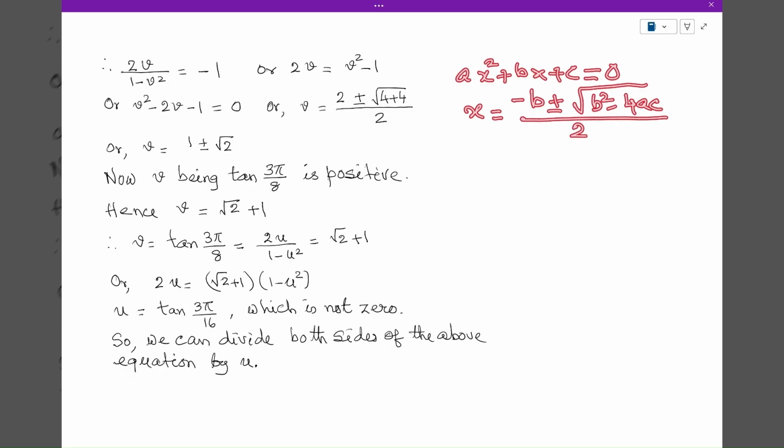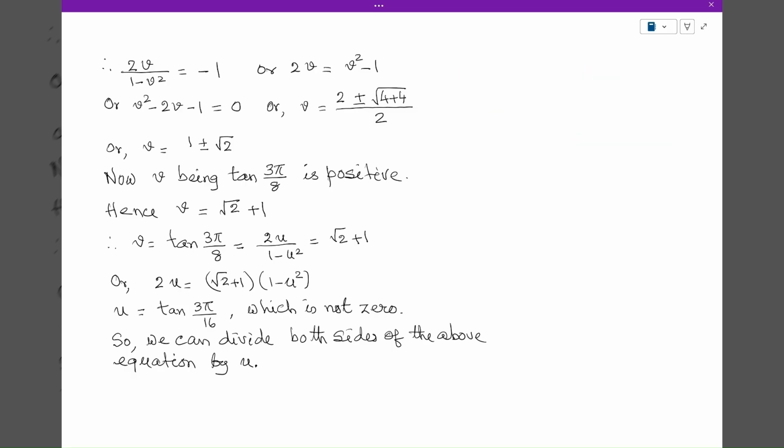I am sure you are all very familiar with this formula. I am applying it to this quadratic equation to get two solutions for v. If you simplify, v is equal to 1 plus or minus square root of 2.